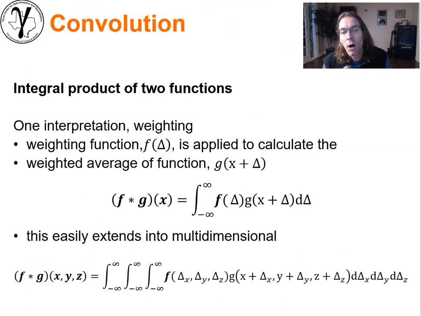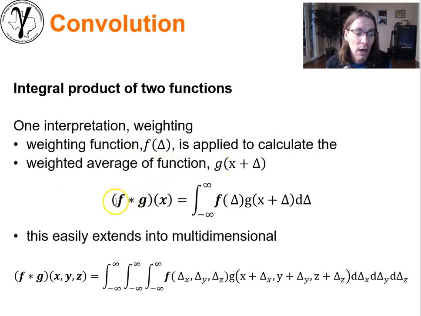What's the whole idea of convolution? Pretty straightforward, in fact. One interpretation would be that you're using a weighting function, f, and you're going to apply it to calculate a weighted average of a specific function, g.